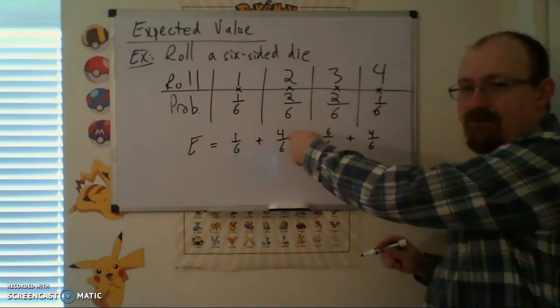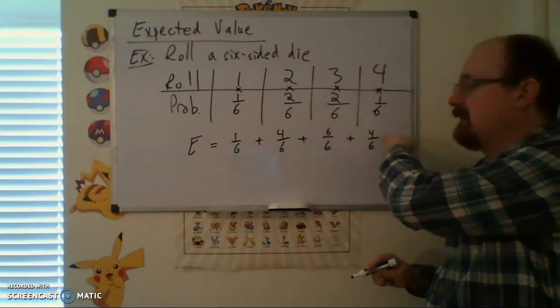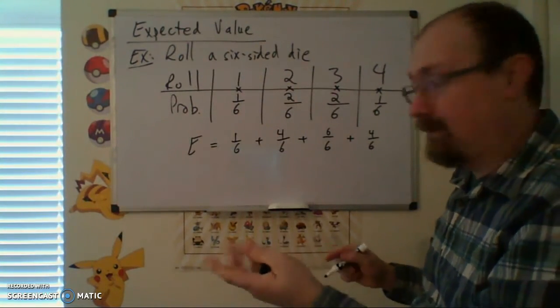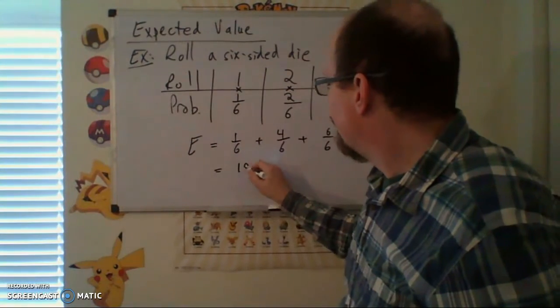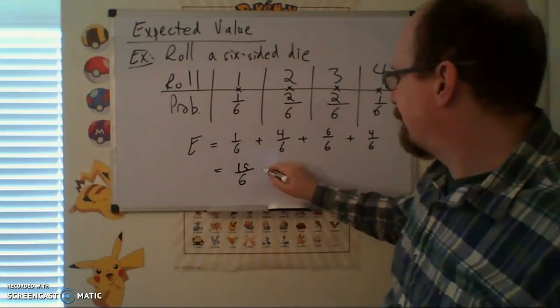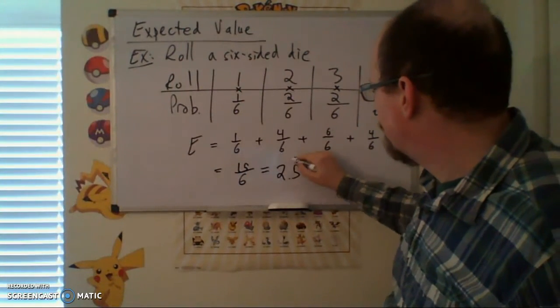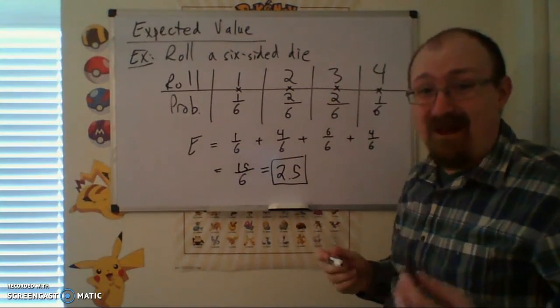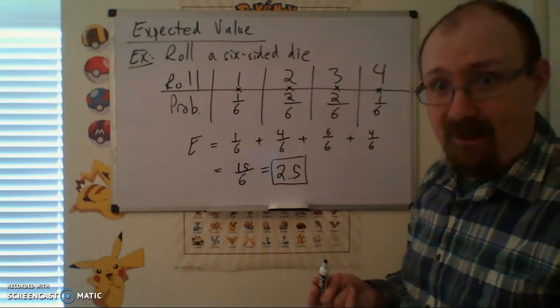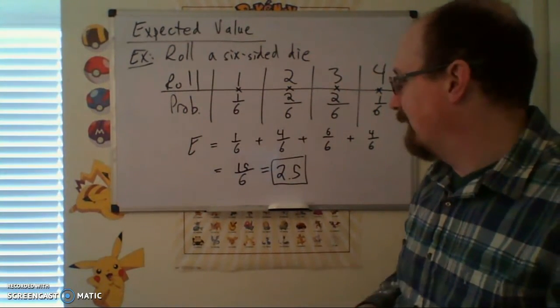So 1 plus 4 is 5, plus another 6 is 11, plus 4 brings me up to 15, if I'm doing my arithmetic right. So we have 15 over 6. Again, you can cancel it out as a fraction, or if you prefer the decimal result, it turns out the expected value of one of these Dragonwood dice is a little bit lower. It's only 2.5 instead of 3.5.